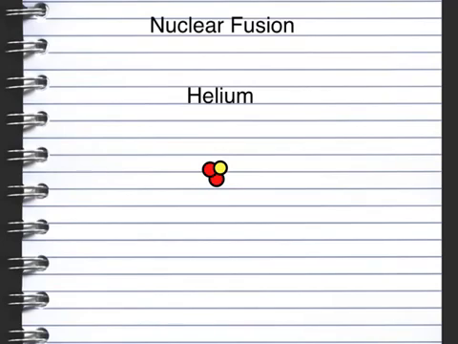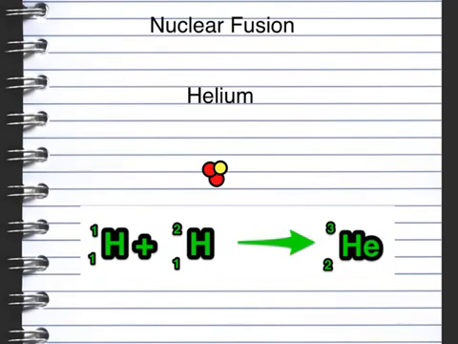Here is the nuclear equation for this reaction. We've got the atomic number of 1 for both the hydrogen and the deuterium, and here we've got the masses of the hydrogen and the deuterium. As they combine you get the two protons here and you get the total mass.